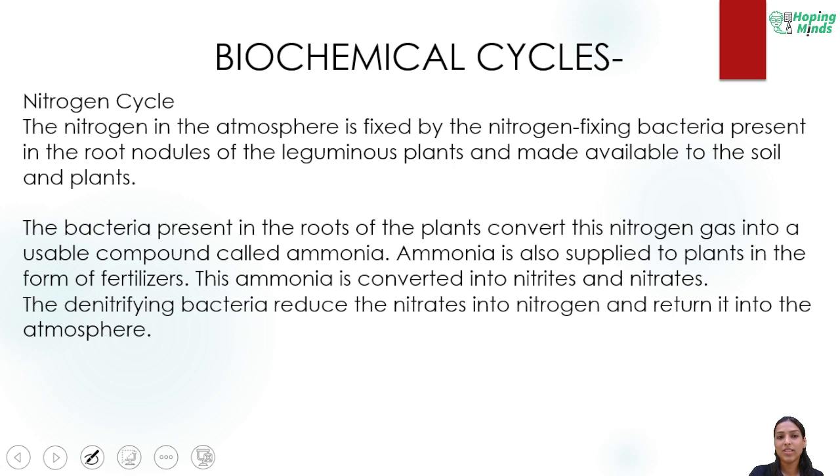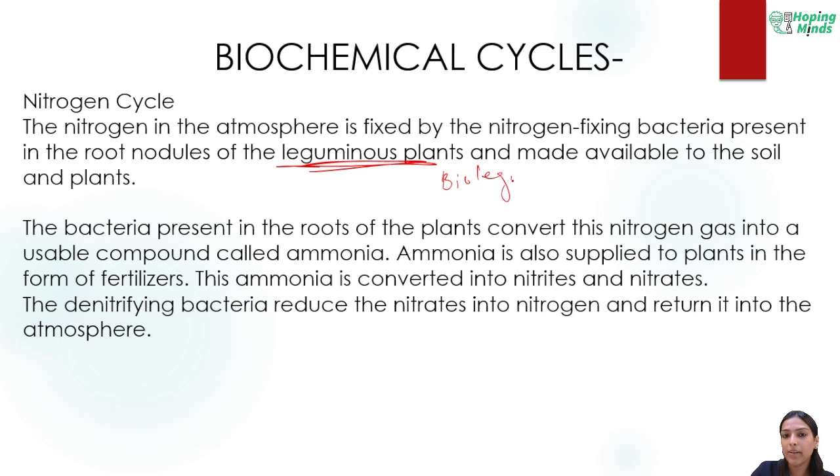Coming next to the nitrogen cycle. The nitrogen in the atmosphere is fixed by nitrogen fixing bacteria present in the root nodules of the leguminous plants and made available to the soil and plants. Now, not all plants are leguminous plants. Those plants are legumes and are mostly pulses.